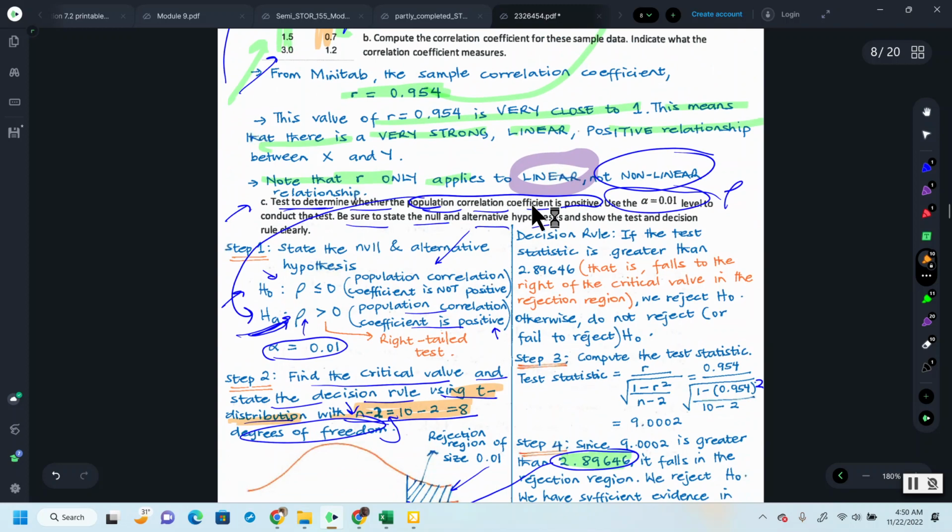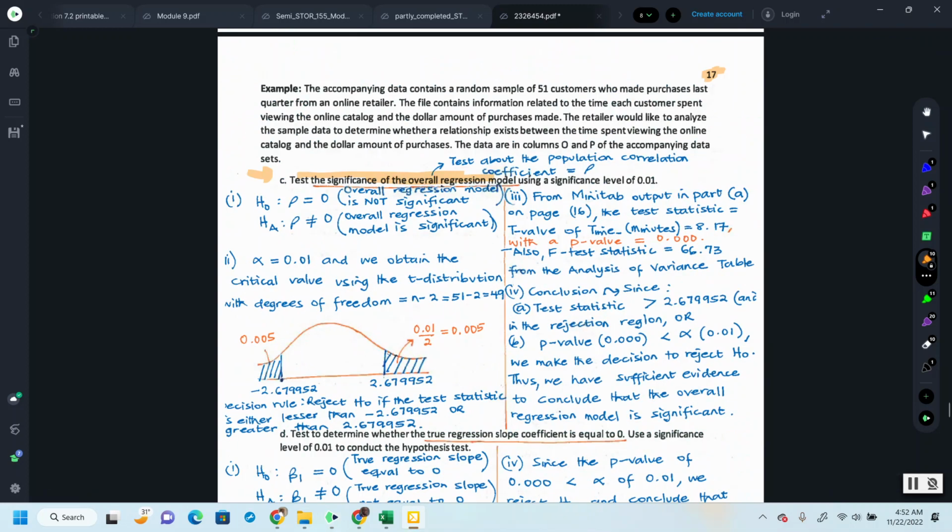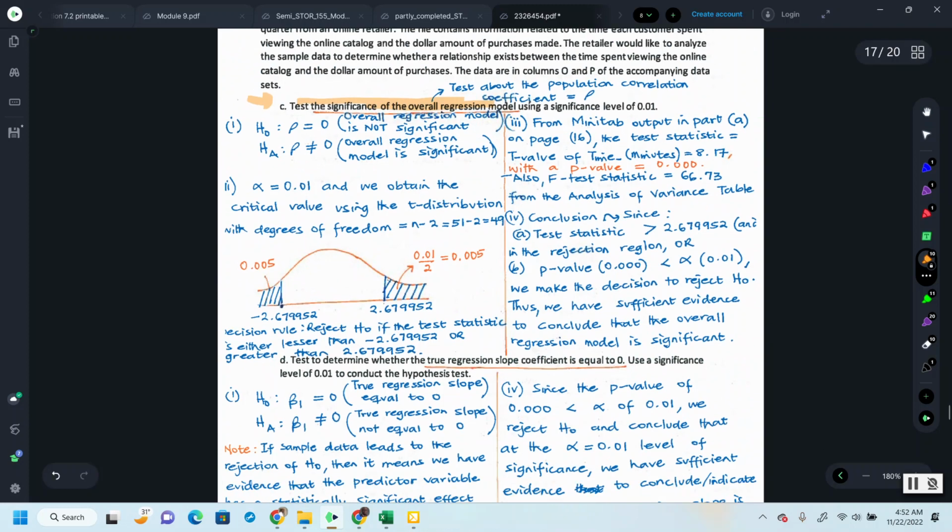So let's go back to what we're working on. In order to test this hypothesis, the null hypothesis claiming that the population correlation coefficient is equal to 0 versus the alternative that it is not equal to 0, we are expected to test this using alpha equals 0.01. Again, we use the t-distribution with n minus 2 degrees of freedom.